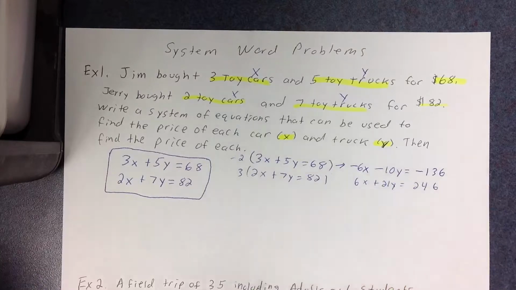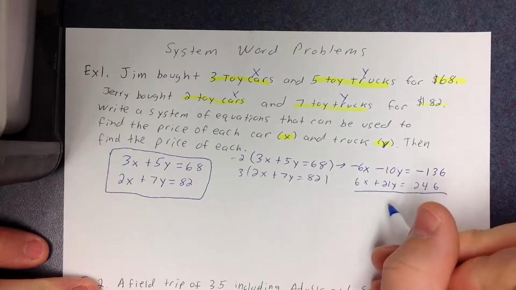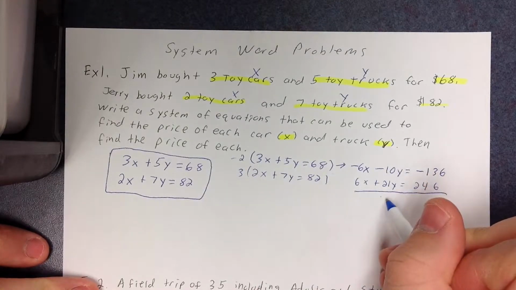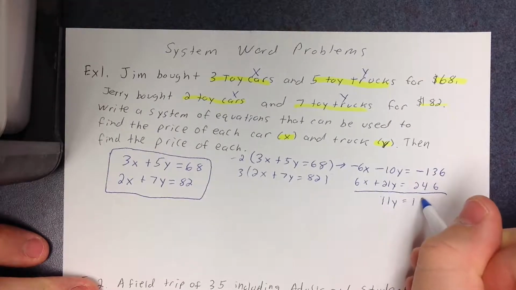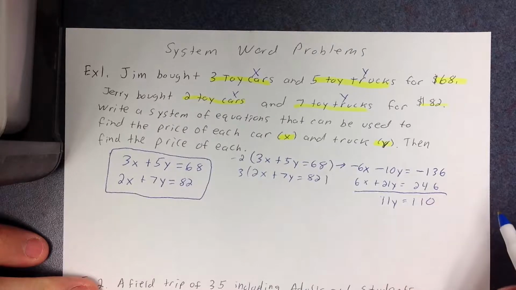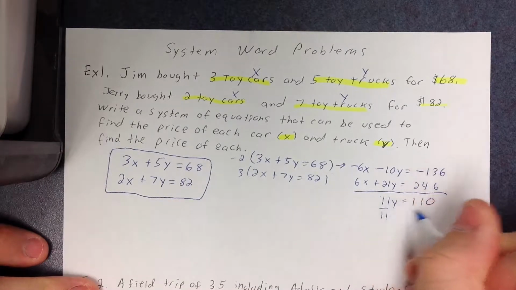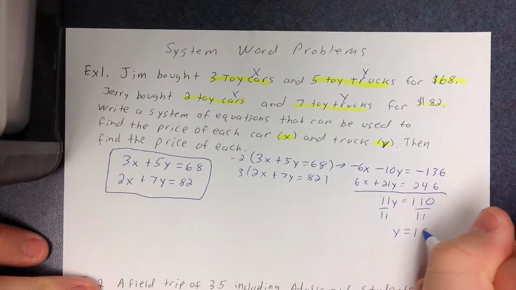Now I've got opposite numbers in front of the x's, so I can add the 2 equations together. Negative 10y plus 21y equals 11y, and negative 136 plus 246 is 110. So I divide both sides by 11 and I get y equals 10.